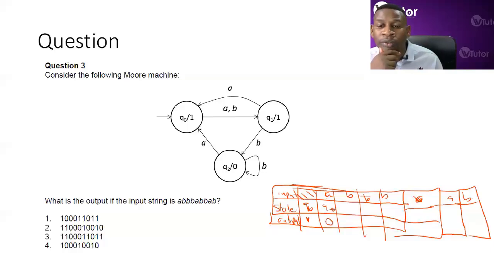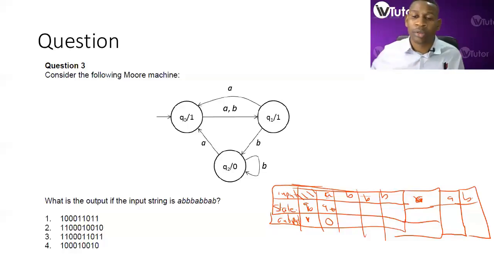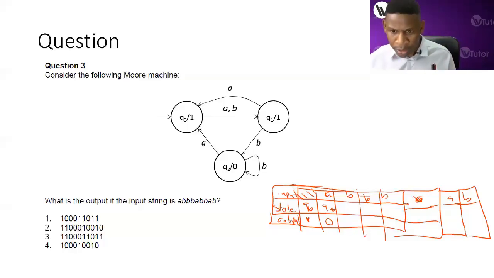Then on count of 0. B, if you're in Q, if you have got a B, so Q0 with a 1, output of 1 with an A takes you to Q1.